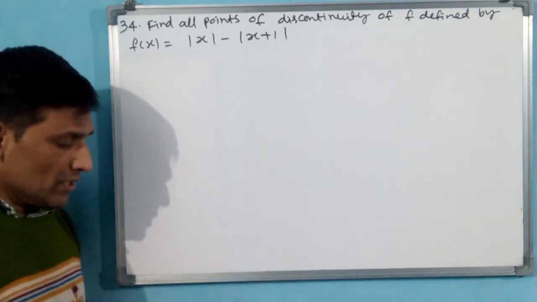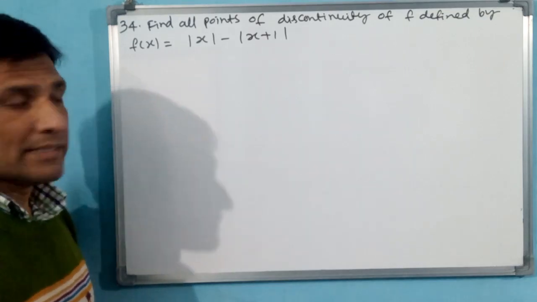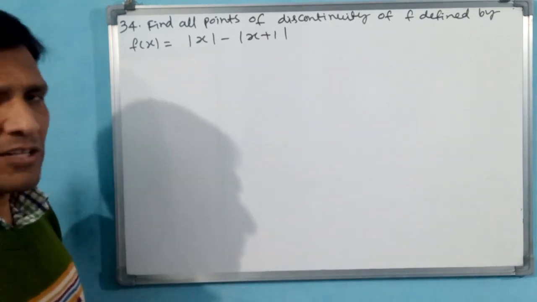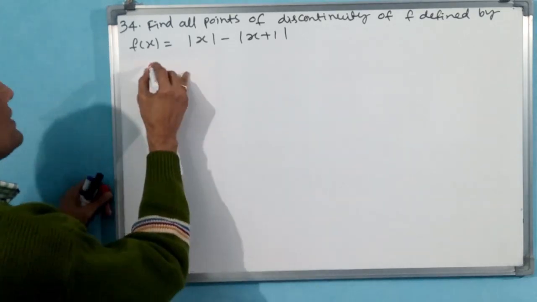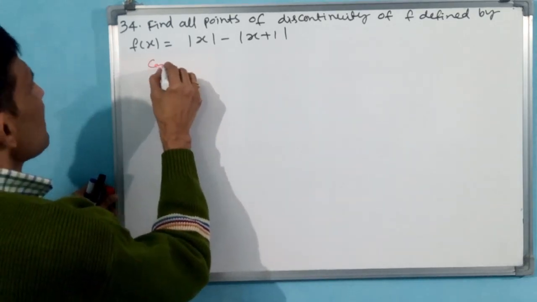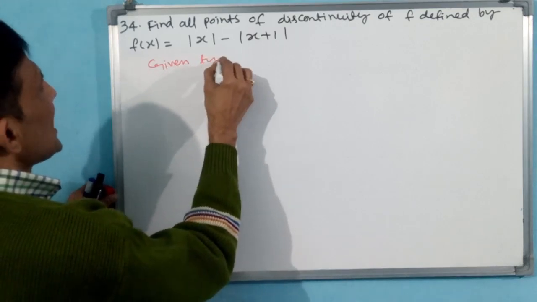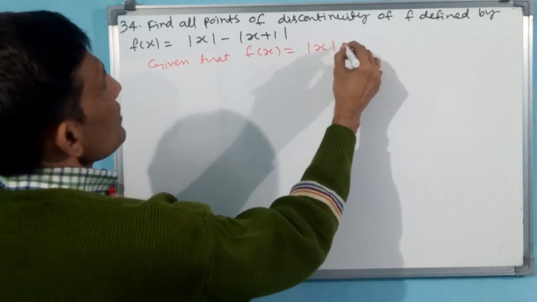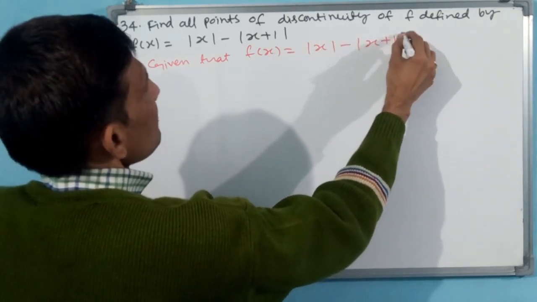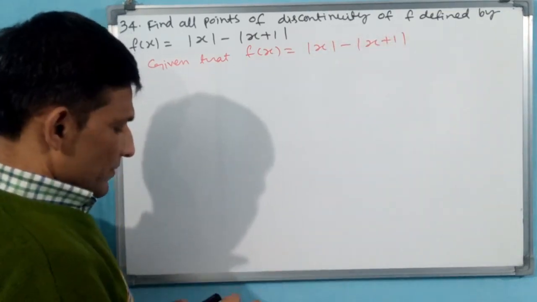See how to write this, like the last question only. Write down, given that f of x is equal to modulus of x minus modulus of x plus 1.